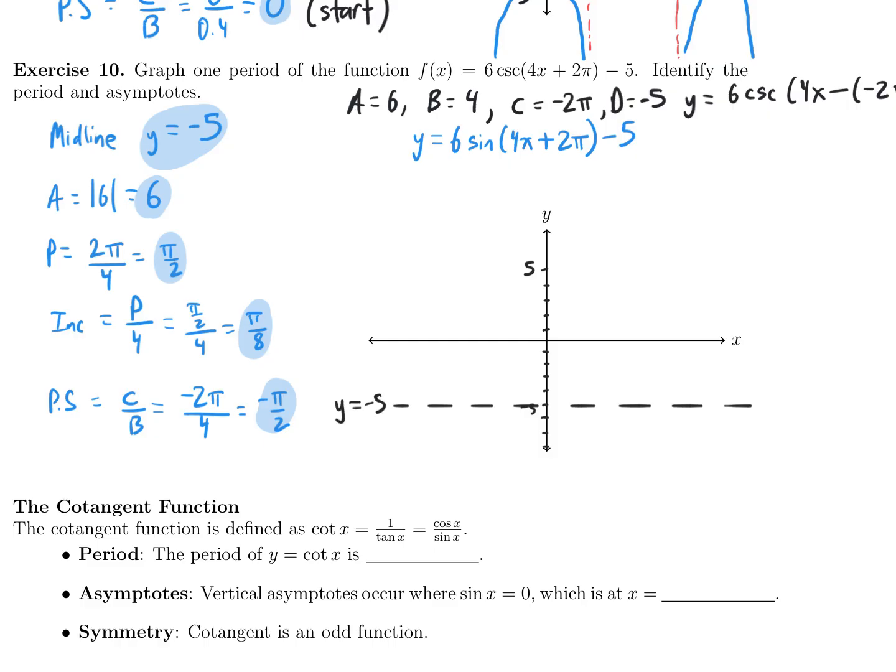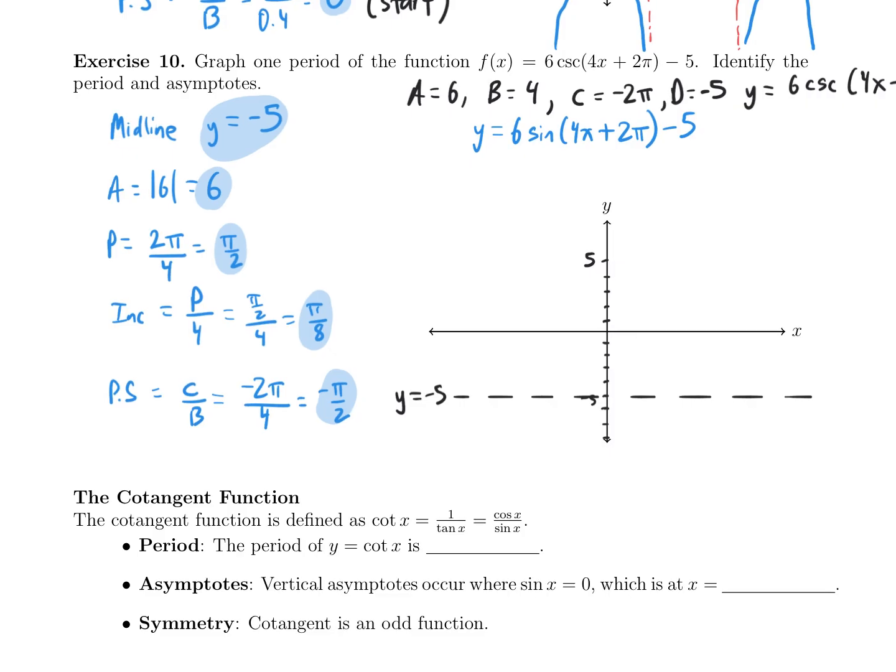Our phase shift is where we start our graph. Remember, the start of the graph is always the phase shift. So in that case, we're going to start at -pi/2. Then we're going to go to the next increment by adding pi/8. You start with -pi/2, which is the starting point, and then you add the increment to that.